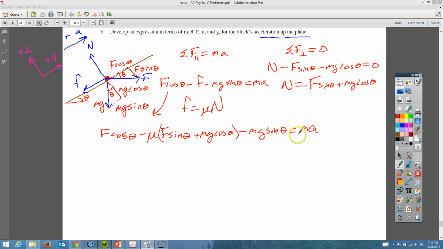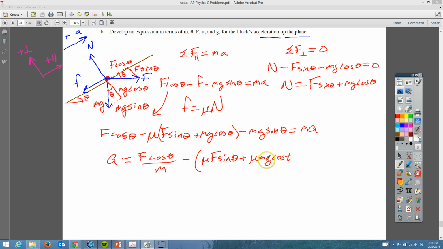So at this point, we need to solve the expression for a. So I'm actually going to move a to this side and then move everything to the other side. So we've got F cosine of the angle divided by m. Now we also have this expression. So what we're going to do here is let's go ahead and multiply both of these by mu. So we're going to have minus, and then we're going to have mu F sine of the angle plus mu mg cosine of the angle.